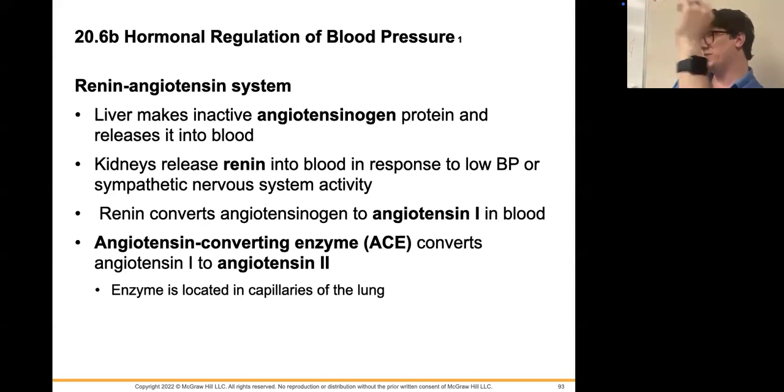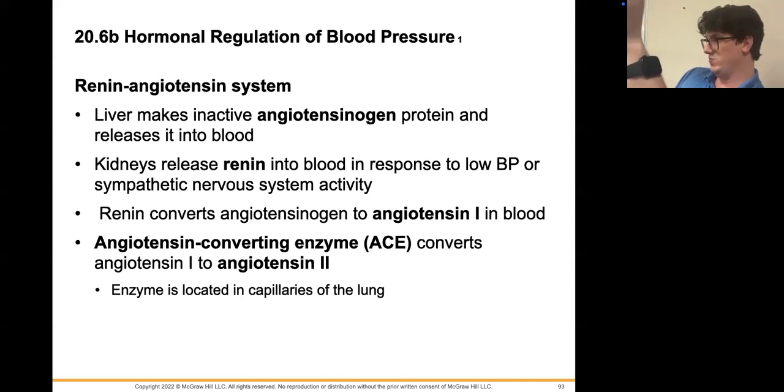Okay, so one of the biggest things that they're going to use to do this is a protein called renin, or the hormone called renin. So renin, R-E-N, like renal, like kidney. Now this is going to be part of what we call the renin-angiotensin system, or RAAS, RAS. So angiotensin also tells you what it does.